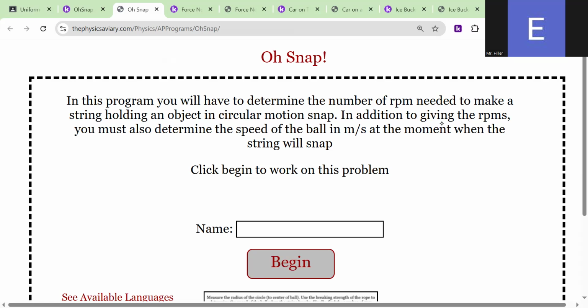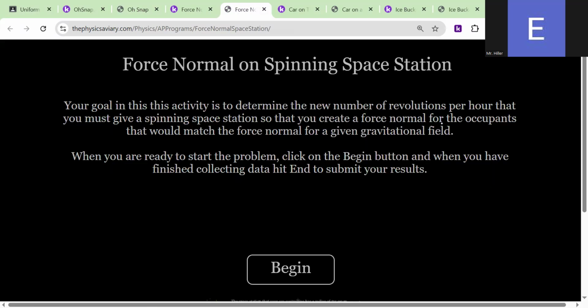The second question is called force normal on a spinning space station. For this question, you're going to be determining the number of revolutions per hour you must give a spinning space station so that you create a force normal where the occupants would experience a given gravitational field.